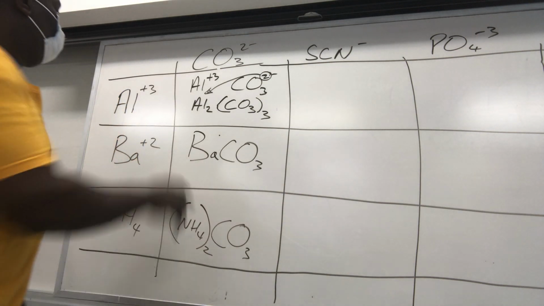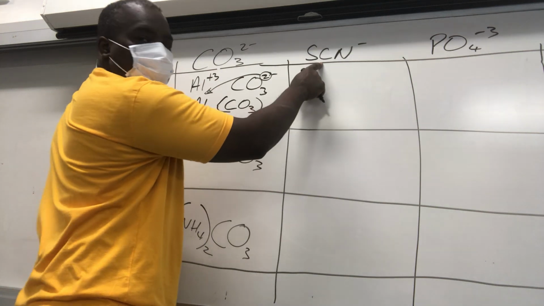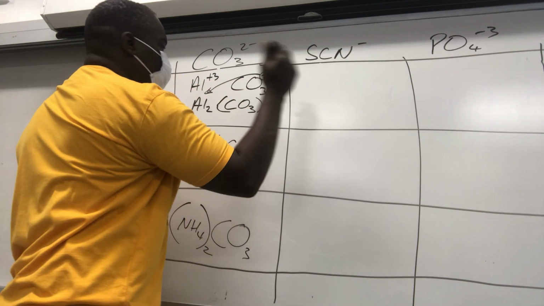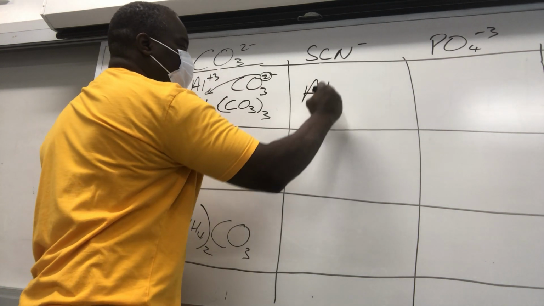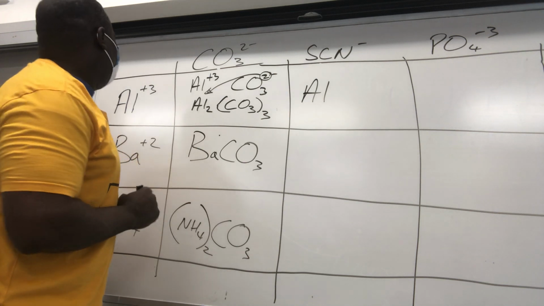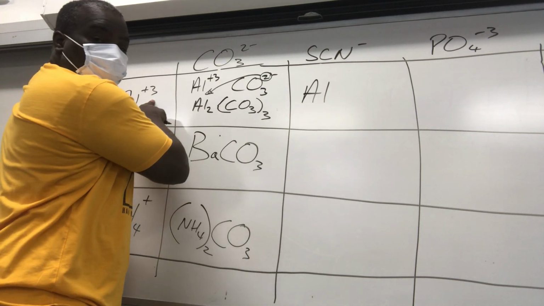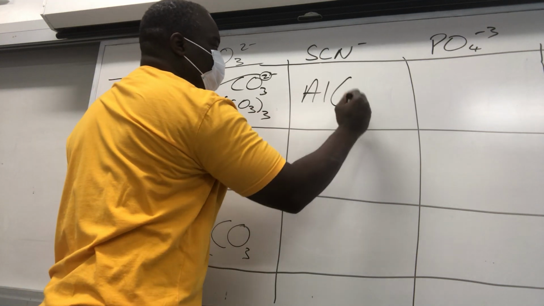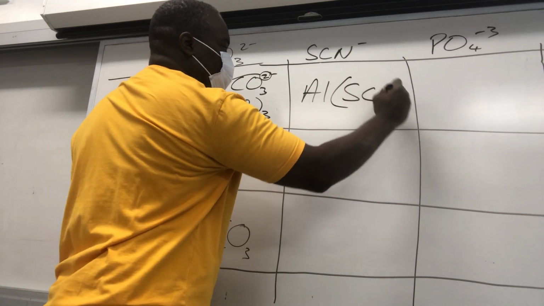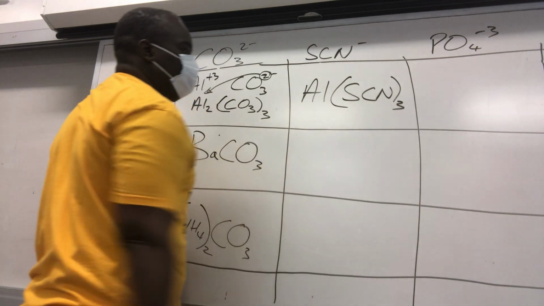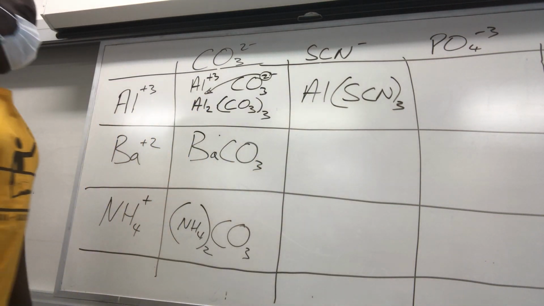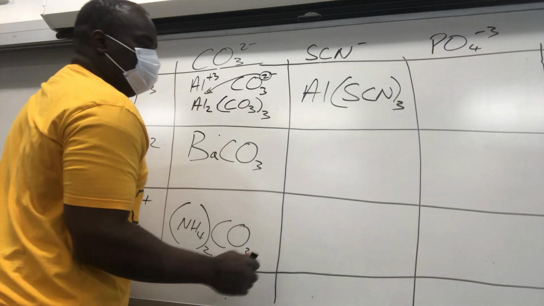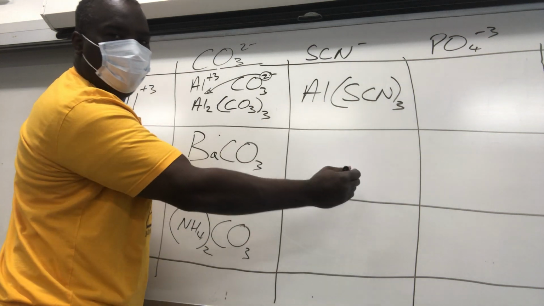Okay, so aluminum and SCN. SCN is -1, so the 1 goes to the aluminum, and you simply get Al. Al is a +3 charge, so just the 3 goes to the SCN. So here we go, bam, SCN, and you get a 3 right there. Alright, Ba and SCN, same thing, but this time there's only a 2 going over to the SCN.